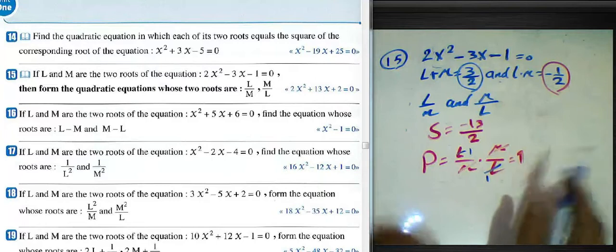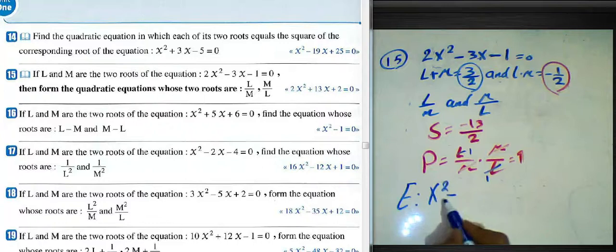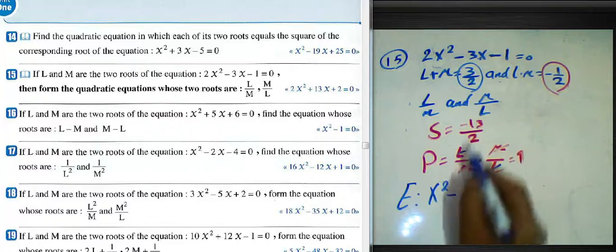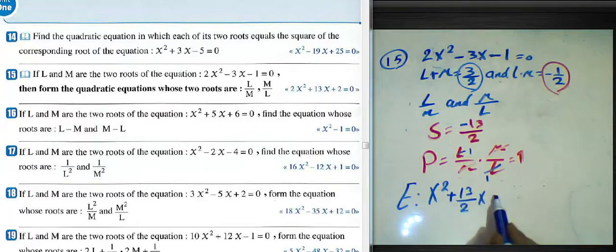It's easy for you. So the equation will be x power 2 subtract the sum. Negative 13 over 2 will be plus 13 over 2 x plus 1 equals 0. We can find the result by multiplying by 2 to cancel this fraction.